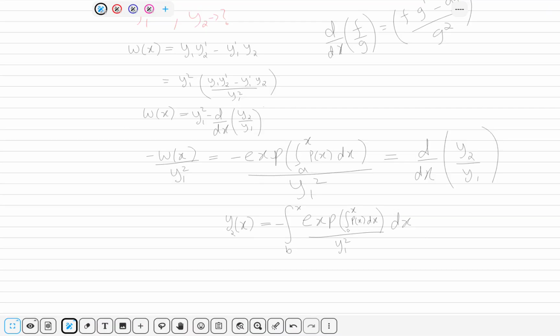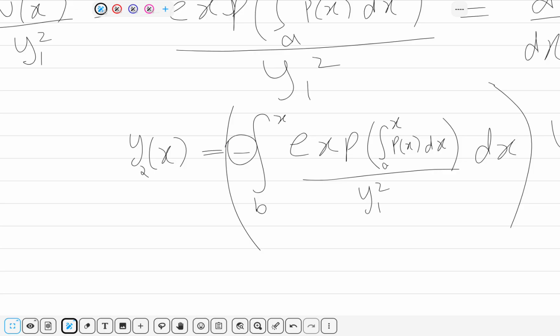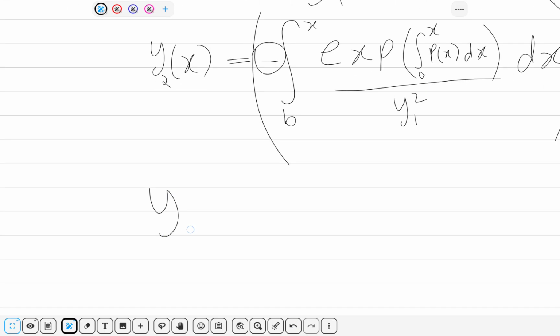I almost did it right. This will get multiplied with y1 of x, and minus or plus doesn't matter, if f of x is the solution, minus f of x is also the solution.